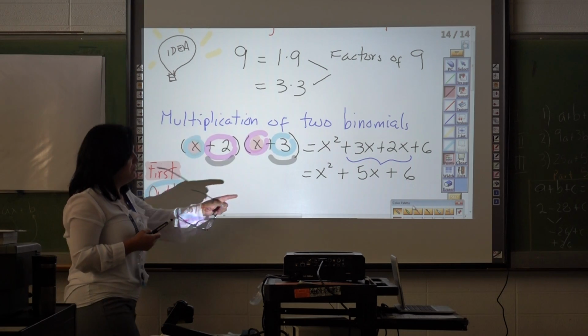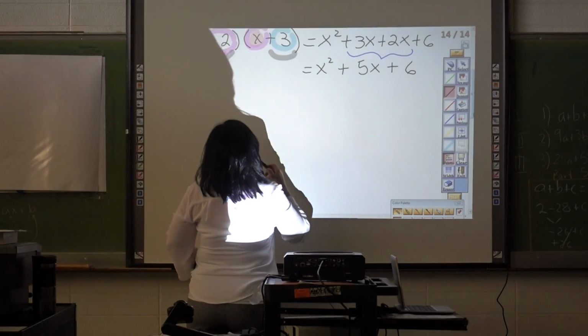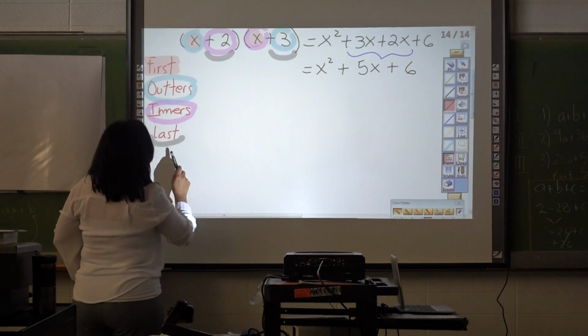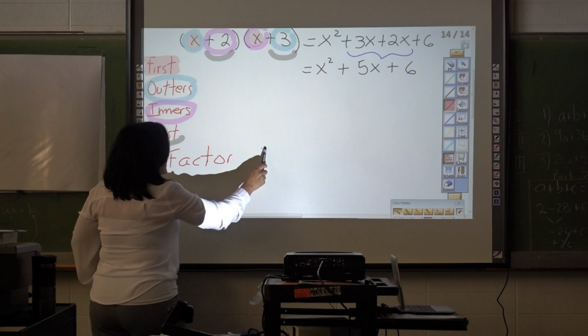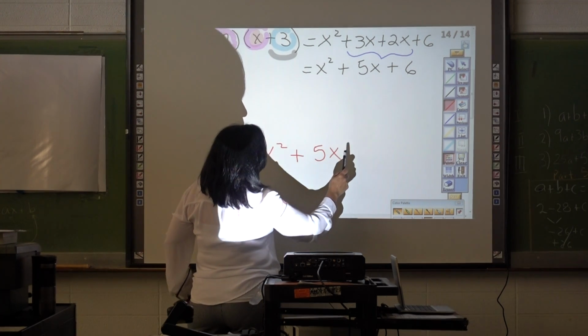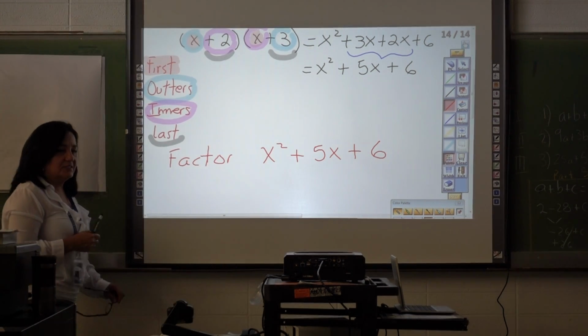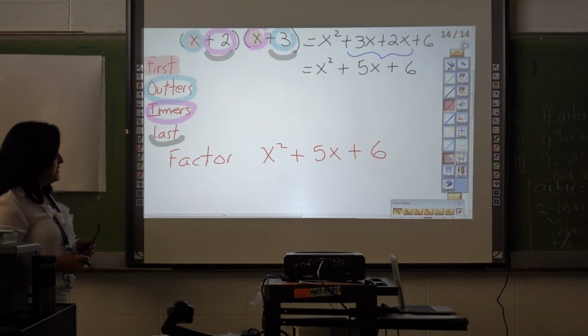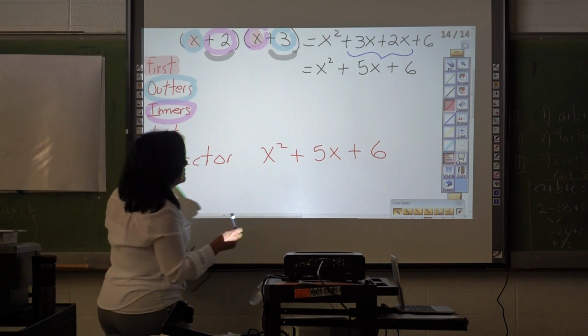For example, if I want to factor x squared plus 5x plus 6, the process here is we're going to get factors of 6.